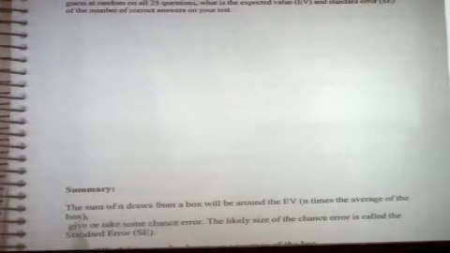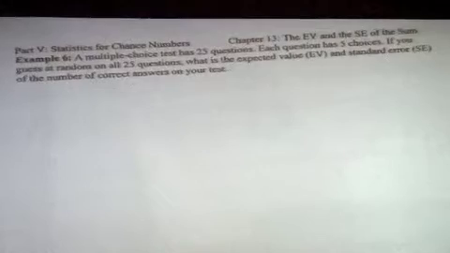All right, so this is another question, same type of thing, where it says a multiple choice test has 25 questions. Each question has 5 choices. So imagine one question.